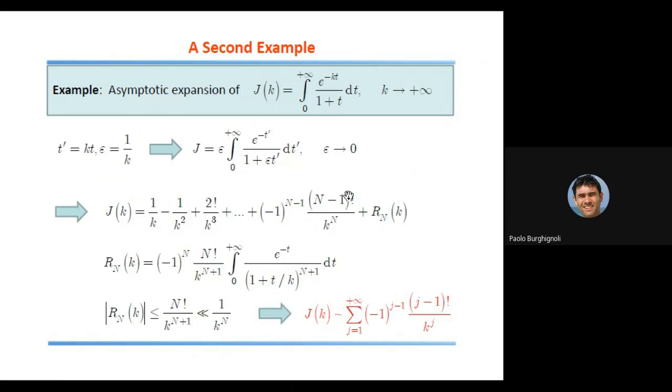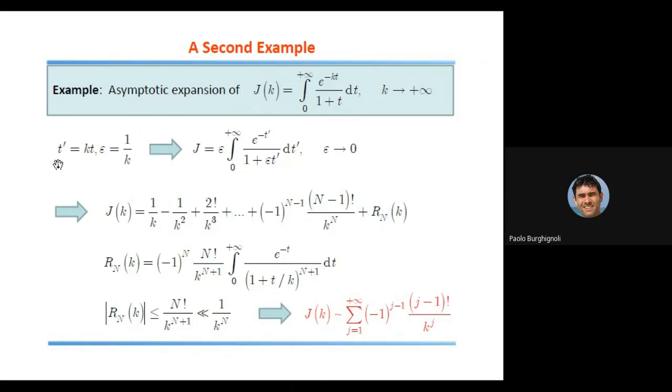A related example, something very similar. Now the integrand is the exponential e to minus kt, and in the denominator we have 1 plus t. In this case, we consider the opposite limit, when k goes to infinity. So it's an asymptotic limit at infinity. This function j can be reduced to our previous example just by a simple change of variables.